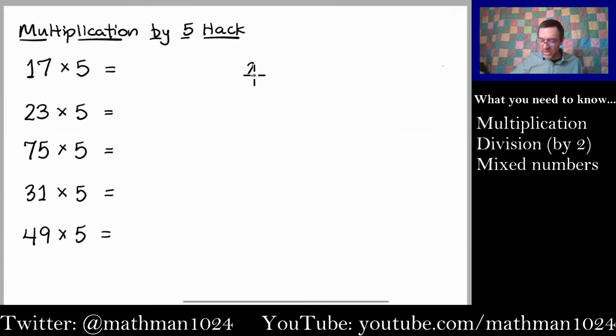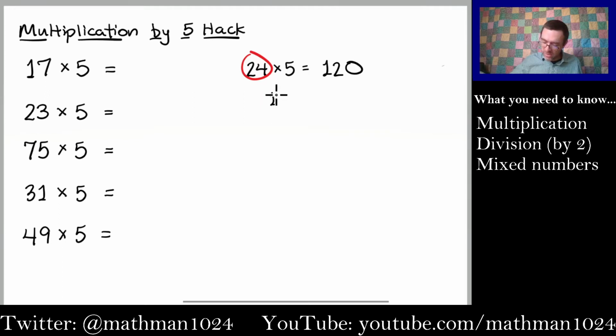So in one of the last examples we did 24 times 5, and I said you can do half of the 24 to get 12, and you add a 0 to it. And we showed how all that works. But what if you have something like 17 times 5? Well, here's the thing. 17 times 5 gets kind of murky because 17 is not even, and we can't easily divide that by 2 unless we start thinking about decimals or mixed numbers.